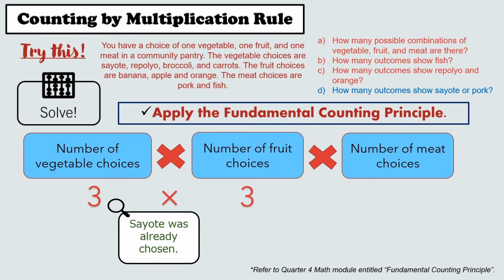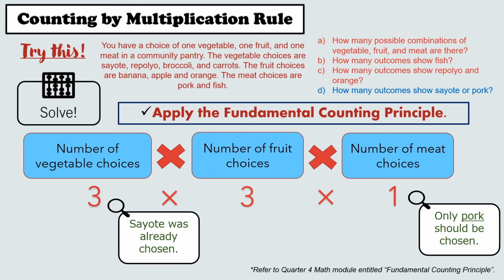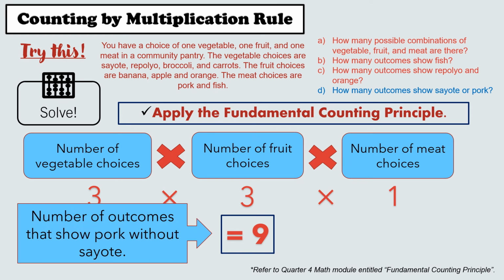Finally, we multiply the result to the number of meat choices, which will now be only 1 since only pork should be chosen. Thus, we get a result which is 9. That shows the number of outcomes that show pork without sayote being chosen.